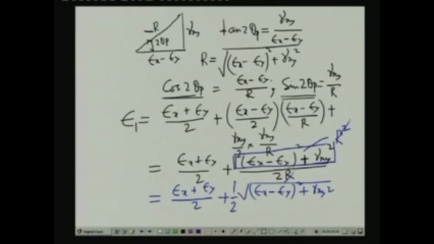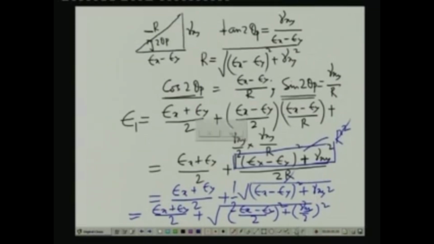And if we take these two inside, then this can be written as (εx + εy)/2 plus the root of ((εx − εy)/2)² + (γxy/2)². So this is the value of the maximum normal strain that is acting at that particular point.